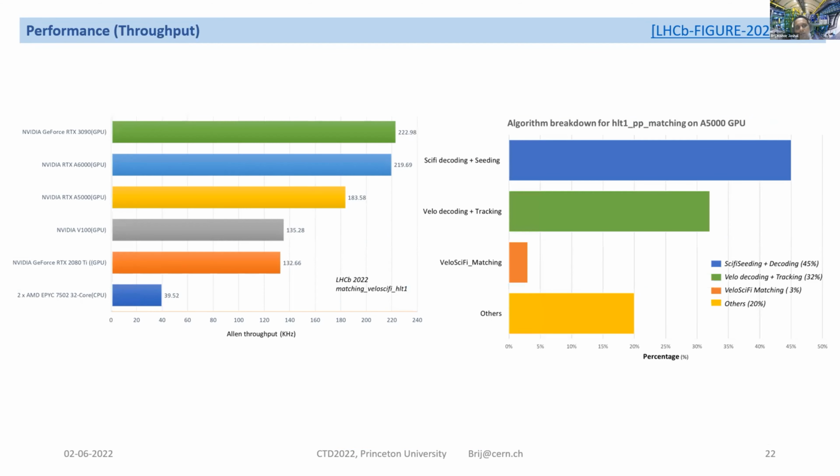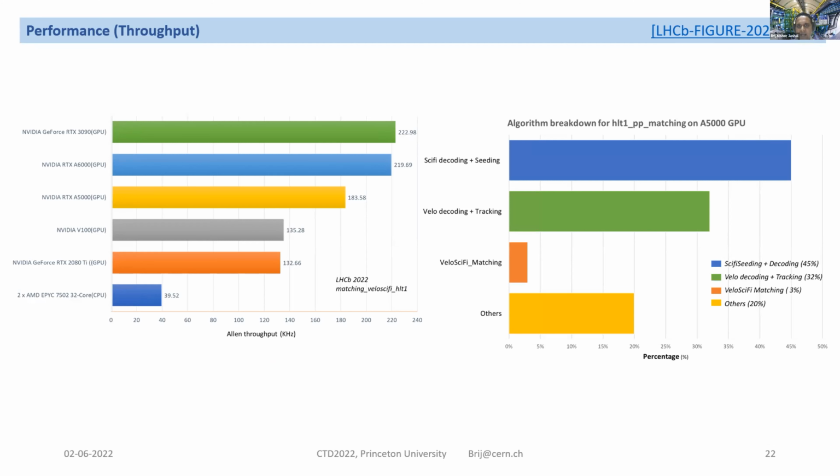In terms of the throughput performance, we have similar throughput performance to the baseline, keeping in mind that in this particular sequence we don't have to run the forward algorithm. We are still able to create the long tracks using the matching algorithm.